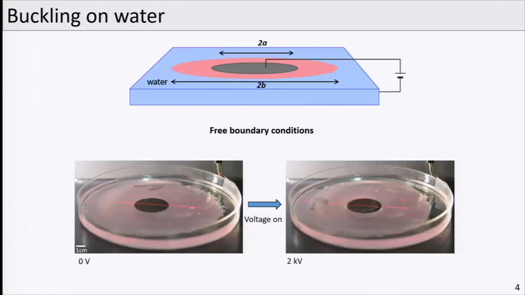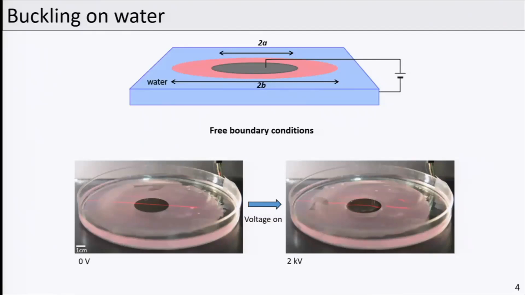So all the pink part is passive, all the black part is active. When we apply voltage to this, the black part tries to expand. It's initially flat, obviously. That's what you can see on this picture. The red line here is a laser line with an oblique incidence, and you can see it straight here. And so when you increase voltage, the black part tries to expand, but the pink part doesn't move.